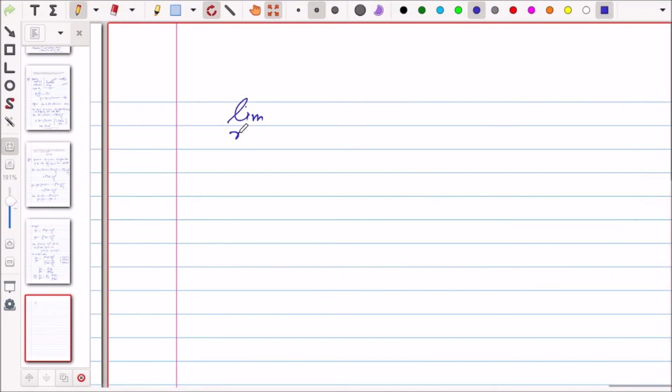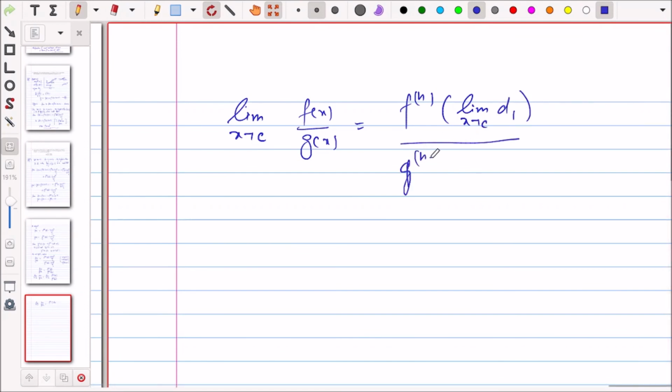So limit x tends to c of f(x) by g(x) is equal to f^(n) of limit x tends to c of d1, and g^(n) of limit x tends to c of d2.